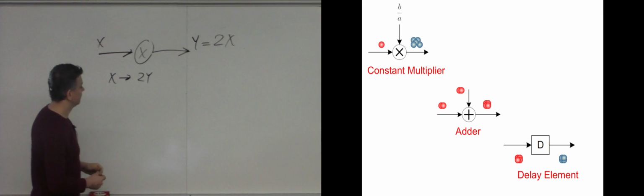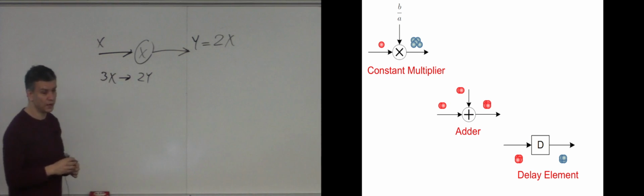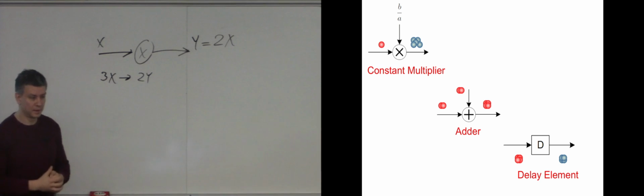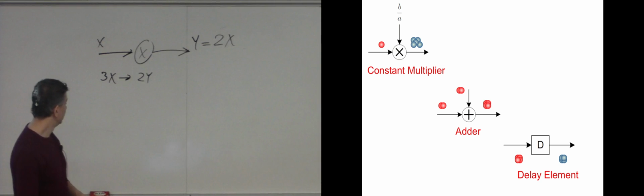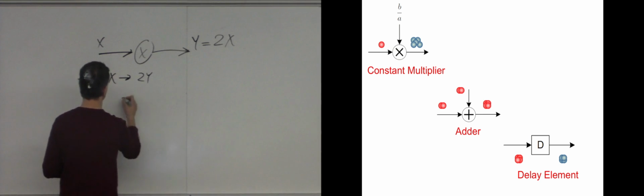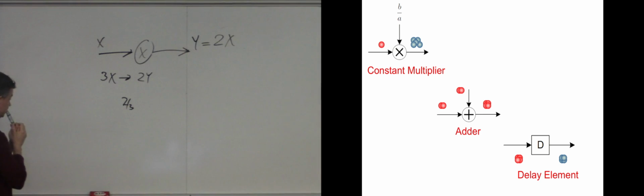And we could also have a fractional value. Let's say if I put in 3x goes to 2y, then what would I be multiplying by? Two-thirds. Am I getting this wrong? Sometimes I do. Hang on. I think that's right.